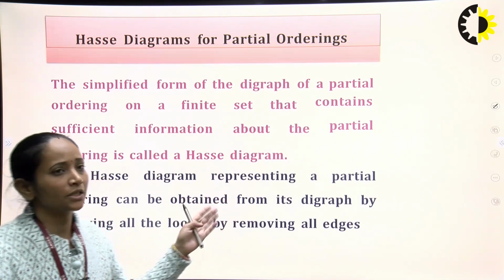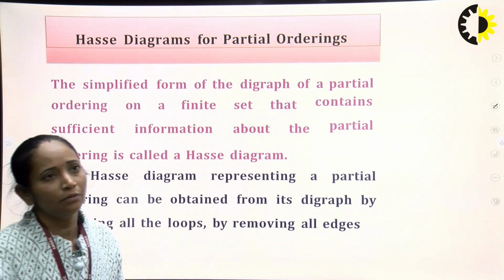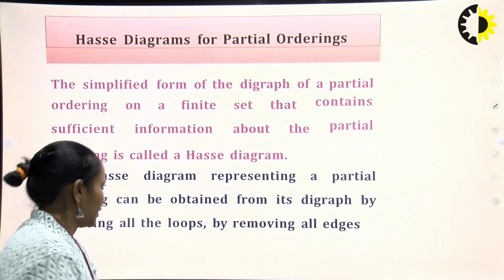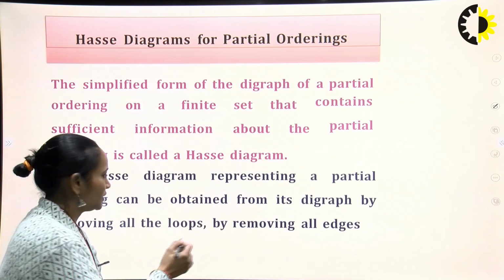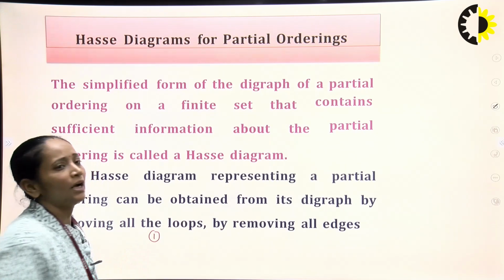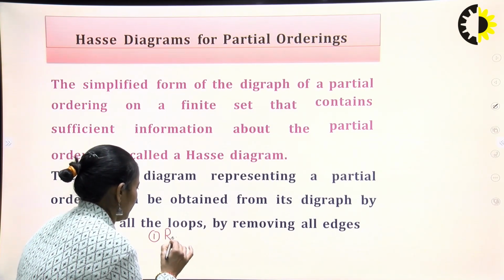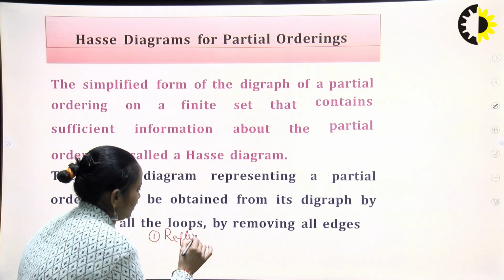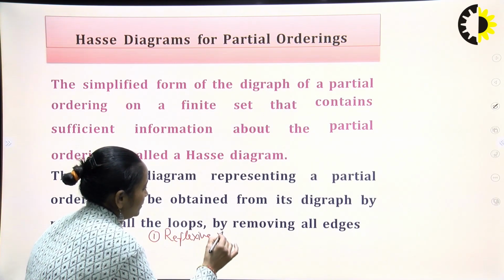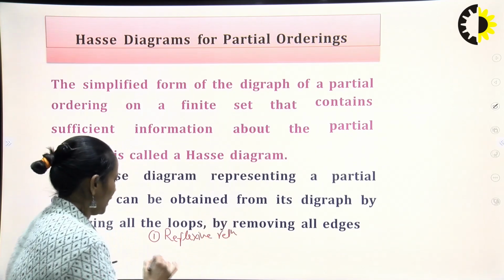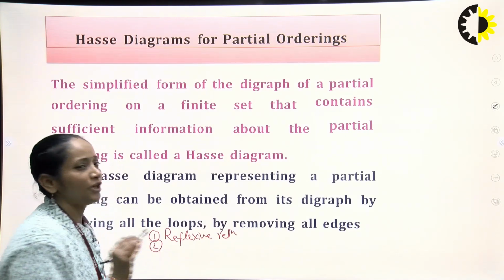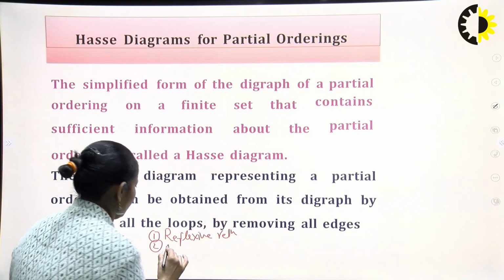There are some points for creating the Hasse diagram. I will write down some points. First, for creating the Hasse diagram, we have to remove the reflexive relation. Then second, the transitive relation.